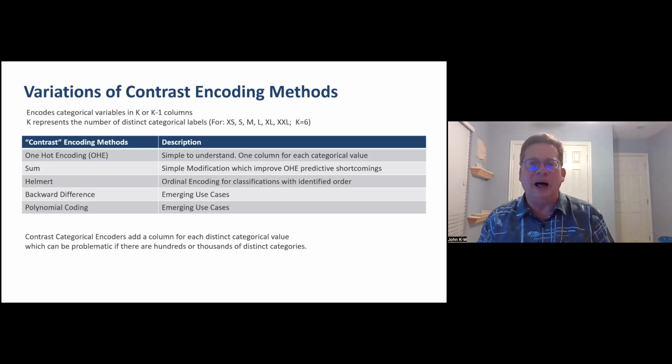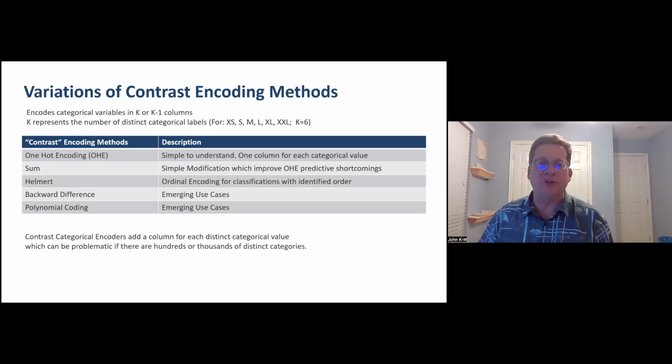So there's a lot of different encoding methods, and this particular method called contrast encoding is represented by representing the categories as a number of columns. So take the number of distinct labels within a category. If we have 5 shirt sizes, we're going to have 5 columns.